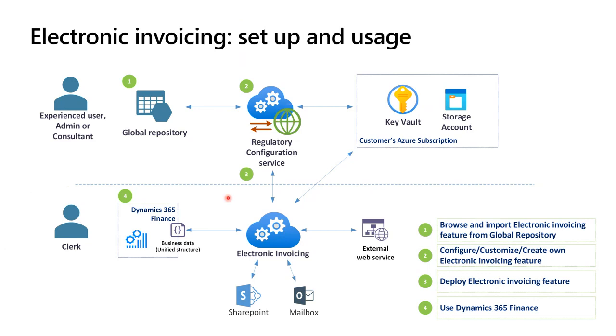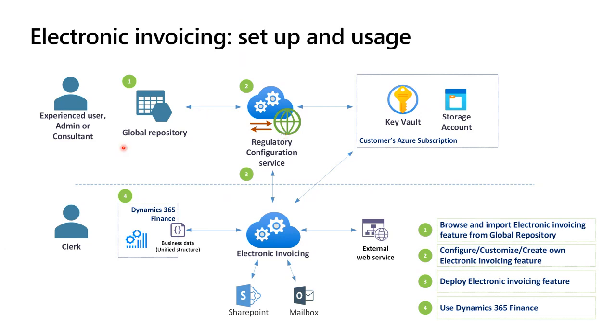This is the moment where you, as an experienced user, can make what we call a last mile configuration, such as entering, for example, the URL of the web services of the tax authorities. Normally, we publish some default information. You just need to go there and review and adjust if necessary. This is what we call last mile configuration.